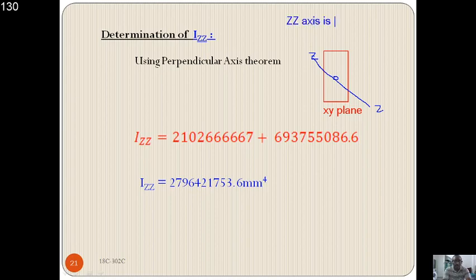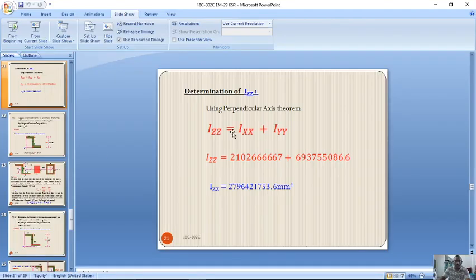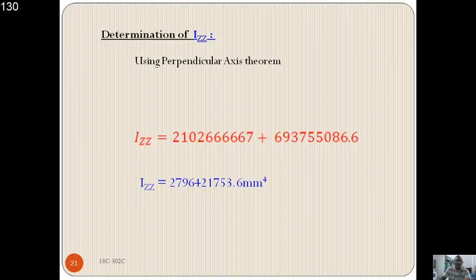Hence use the perpendicular axis theorem. So it gives you Izz equal to Ixx plus Iyy.